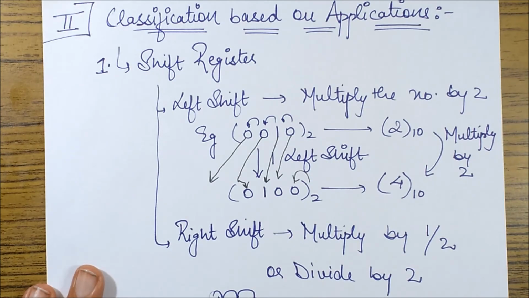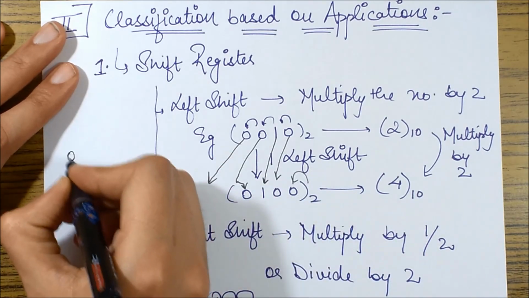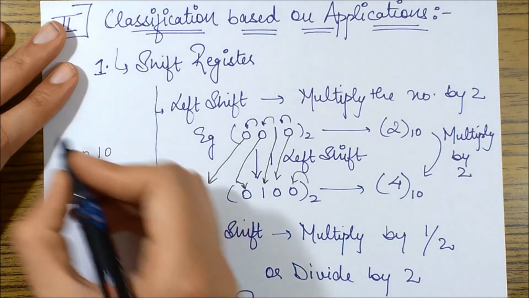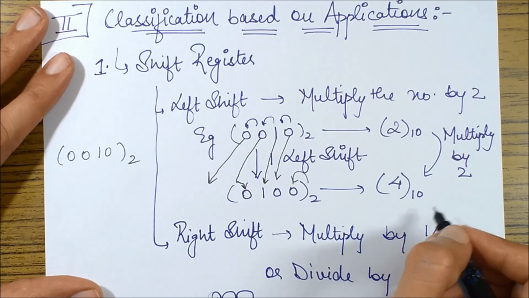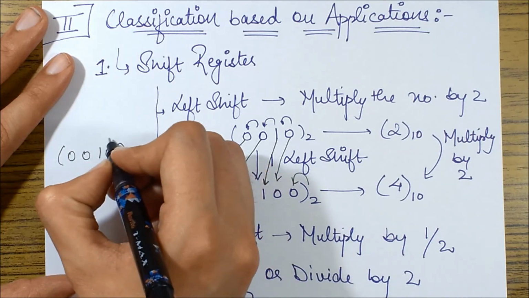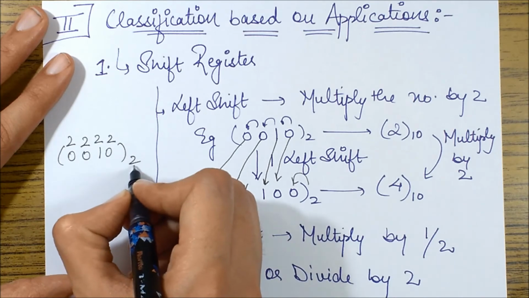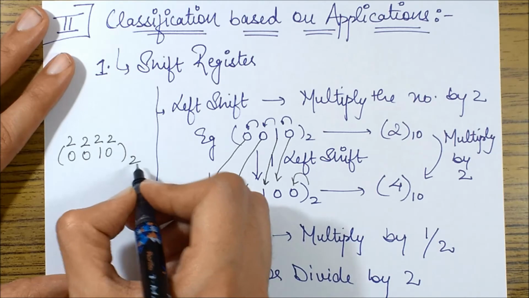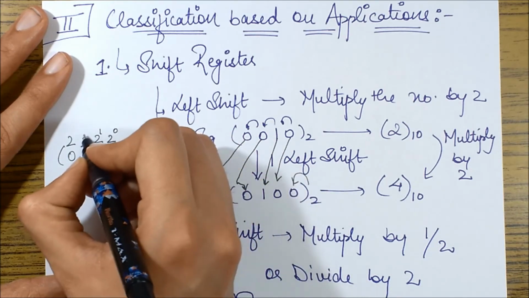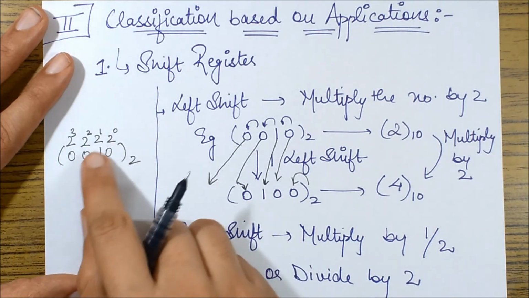Now, in case you don't know how to convert a binary number into a decimal number, you just need to know that the entire number is multiplied with the data bit weights. And the weights are nothing but the powers of the radix in this order. The radix is the base representing the number system. Since it is binary, it is 2, and I'll be multiplying it with the powers in increasing order from right to left, which is 2 to power 0, 2 to power 1, and so on.